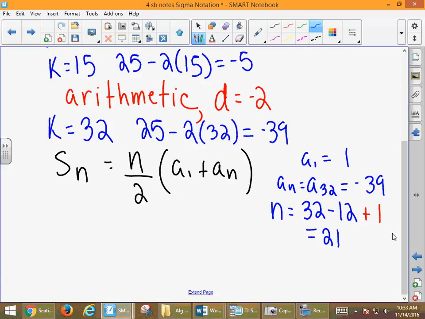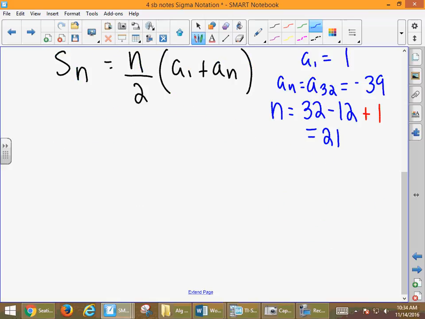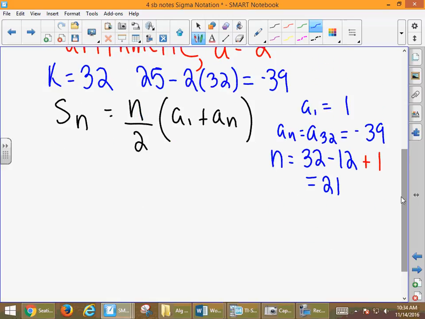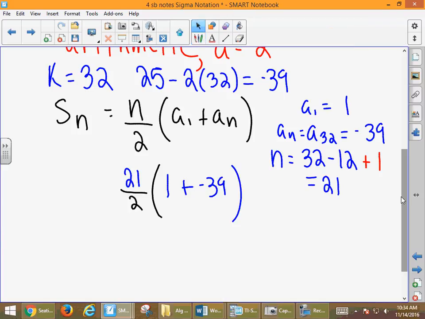And now we have all the values that we need to fill in our formula, which is going to be 21 divided by 2. And our a1 is 1, and our a sub 32 is negative 39. And we can type that into the calculator.